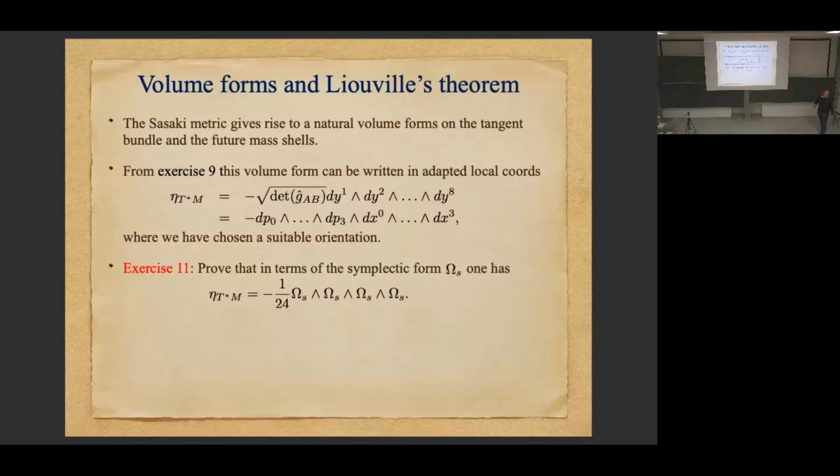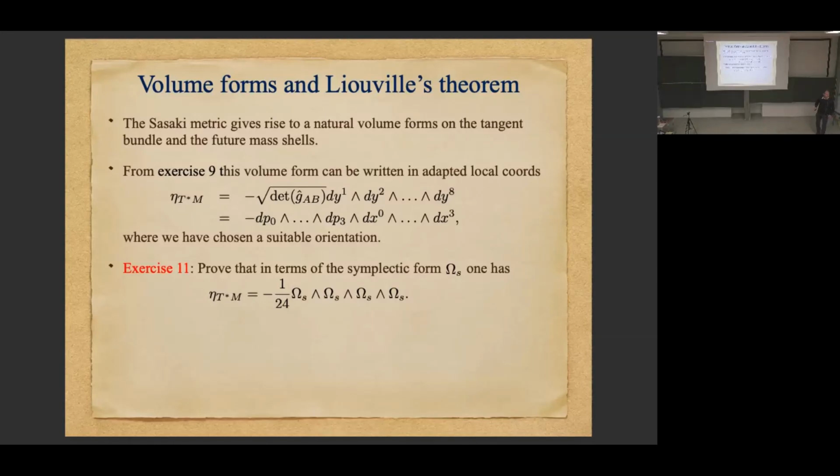And now comes the next exercise. Just by permuting these one-forms and summing, you can prove that you can rewrite this volume form as 4 times the wedge product of the symplectic form, divided by 4 factorial. You can check easily that this is the same as this, it's just algebra.